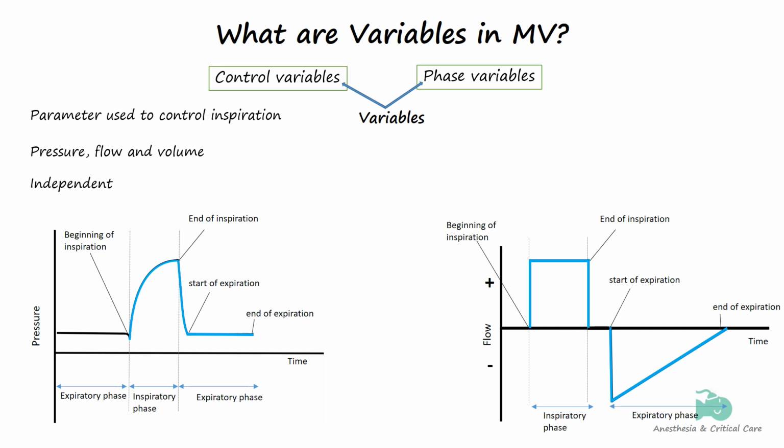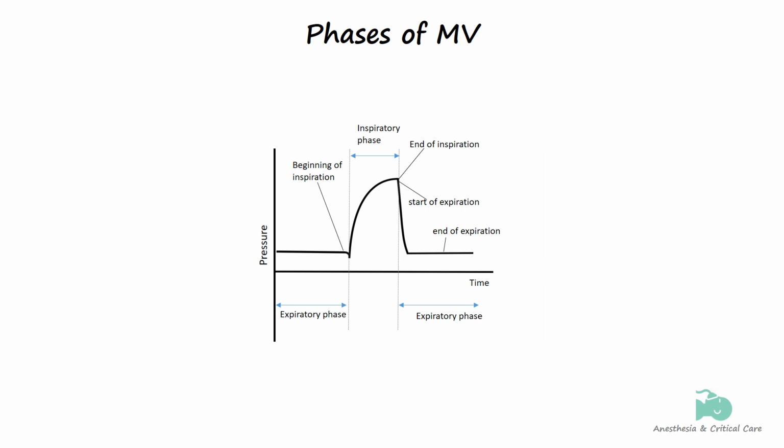Phase variables in mechanical ventilation are parameters which control the phases of a mechanical breath, that is, starting and ending inspiration and expiration. A mechanical breath has four distinct phases, each of which has a governing variable which determines how that phase proceeds.